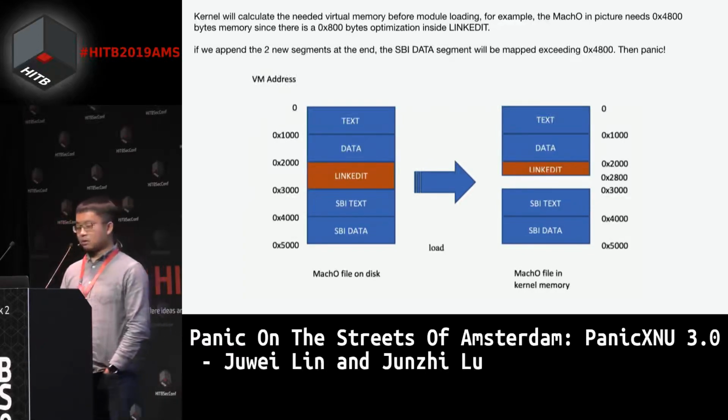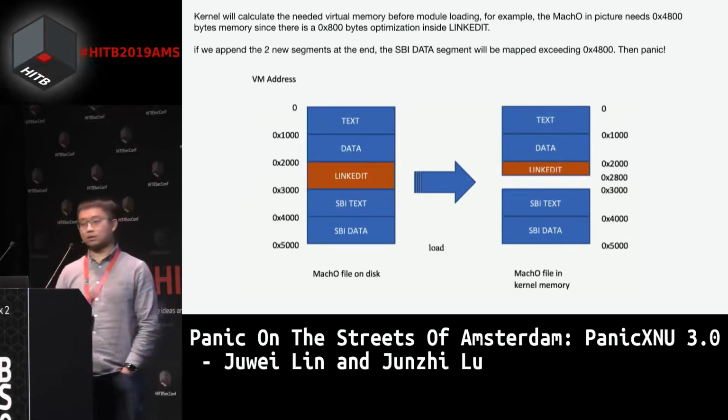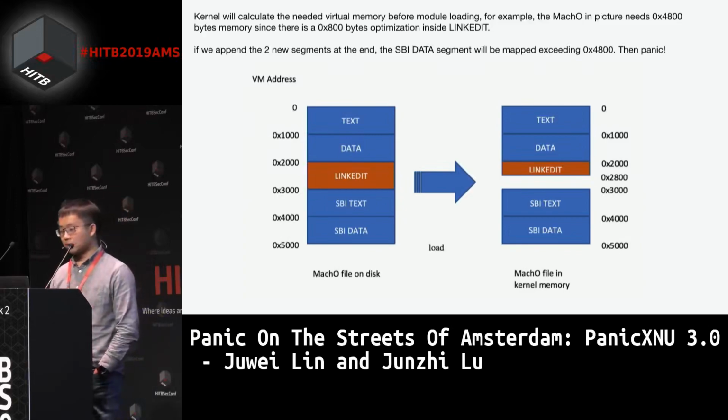But the kernel loader still puts our SBI text at offset 0x3000. So absolutely it will panic because it exceeds the allocated memory. That's why we can't put these two SBI sections after the link edit load command.